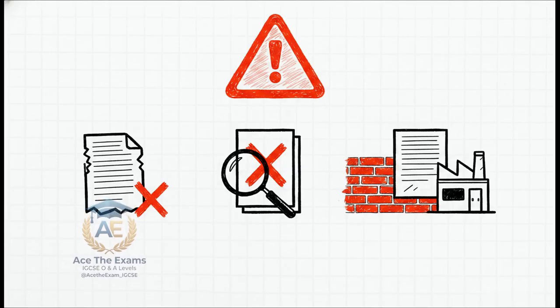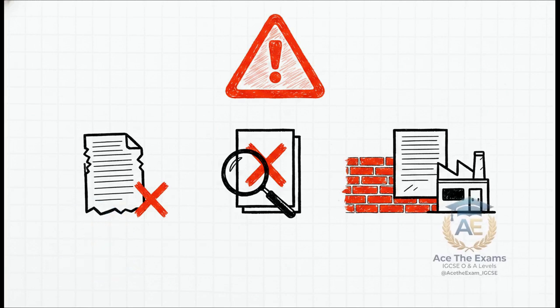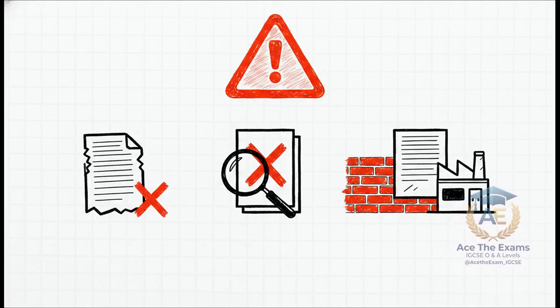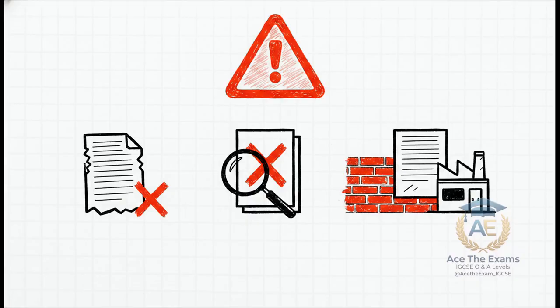Clear annotation and correct terminology are completely non-negotiable. For example, if you write down the word stock instead of inventory in a formal statement, examiners will penalize you. It's that strict. Error number 3, answers lack specific context. You cannot just drop a generic, memorized textbook definition of why incomplete records are bad. Your answer must relate specifically to the exact sole trader or the specific business scenario provided in that unique exam prompt. If it doesn't connect to the prompt, it doesn't get the mark.